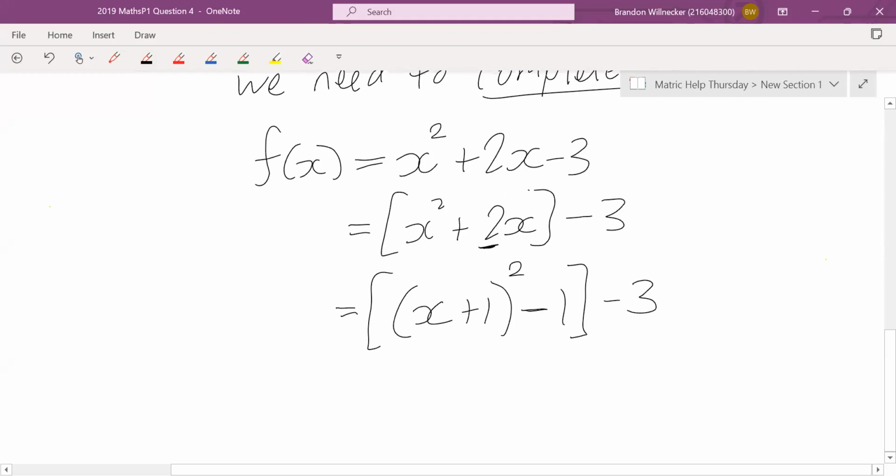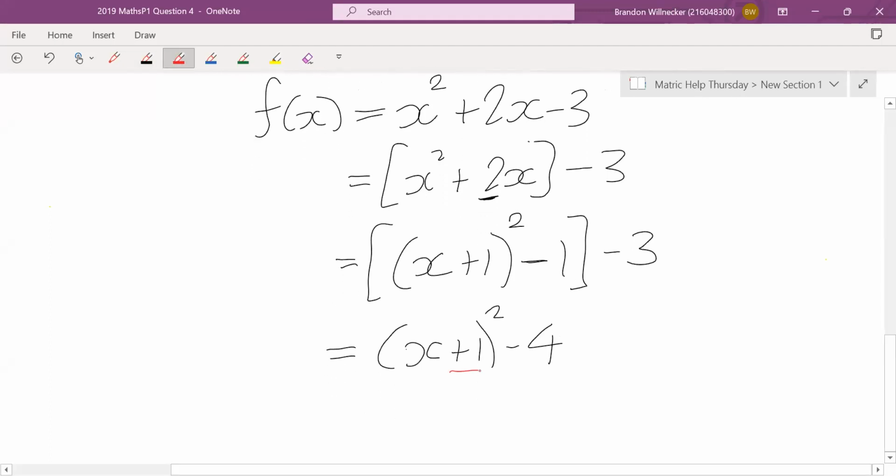Okay, so now we can remove those brackets. We don't need them anymore. So that's going to be x plus 1 squared minus 1 minus 3. That's going to be minus 4. And from this, we can read off the turning point. So here's one bit of information. Here's the other. So we can see that we have the parabola shifted to the left by 1.